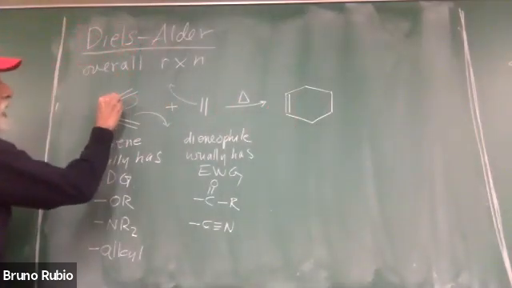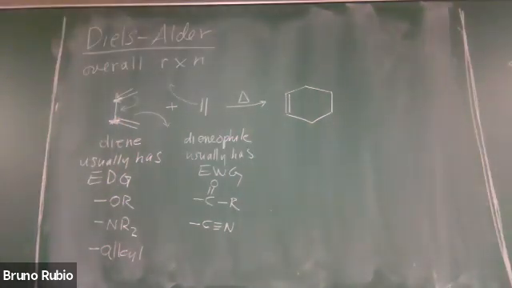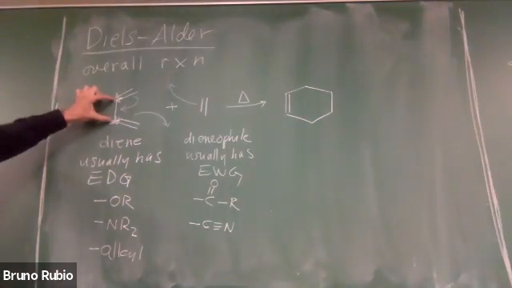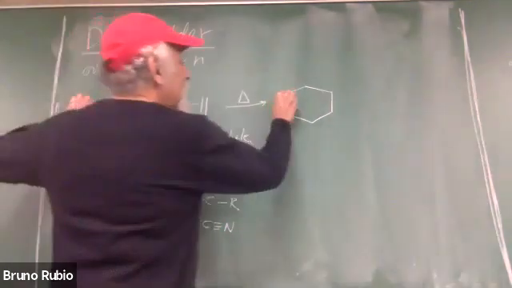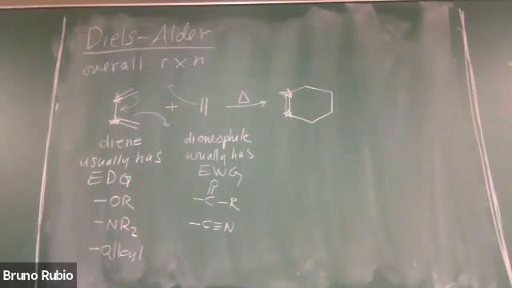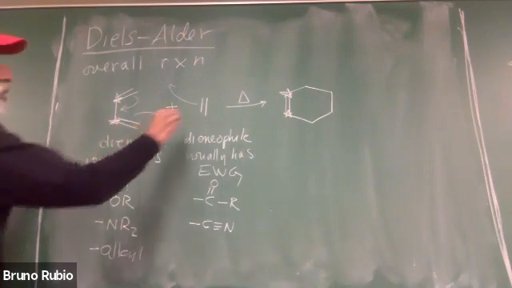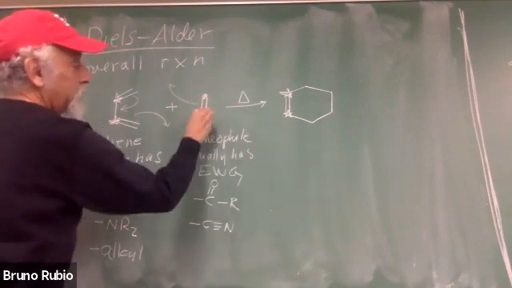Okay, notice that we have a new double bond. I'm going to put a little star there and a little star there. These two carbons that used to be bonded by a single bond in the diene are now tied together by a double bond in the product.